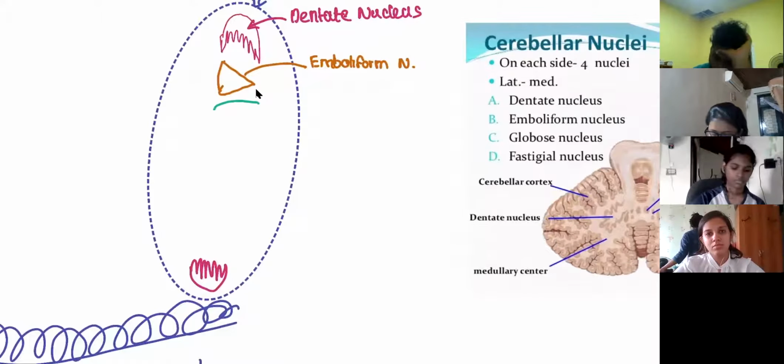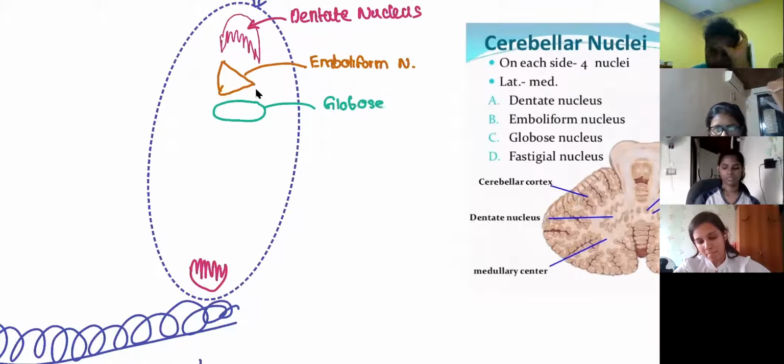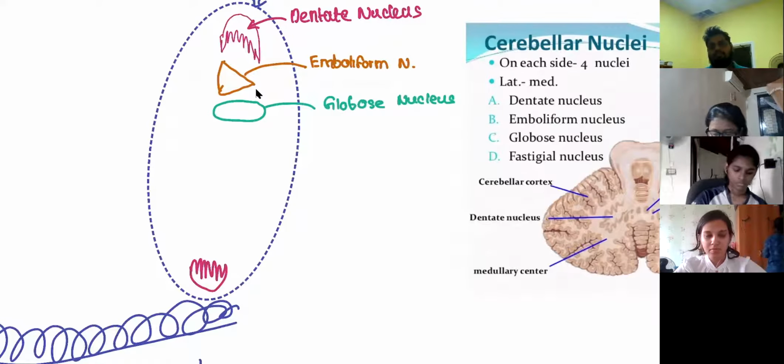And then we have another one called the globose nucleus. And in the middle, we have the most primordial one. So we have to draw the same structures again on the other side.